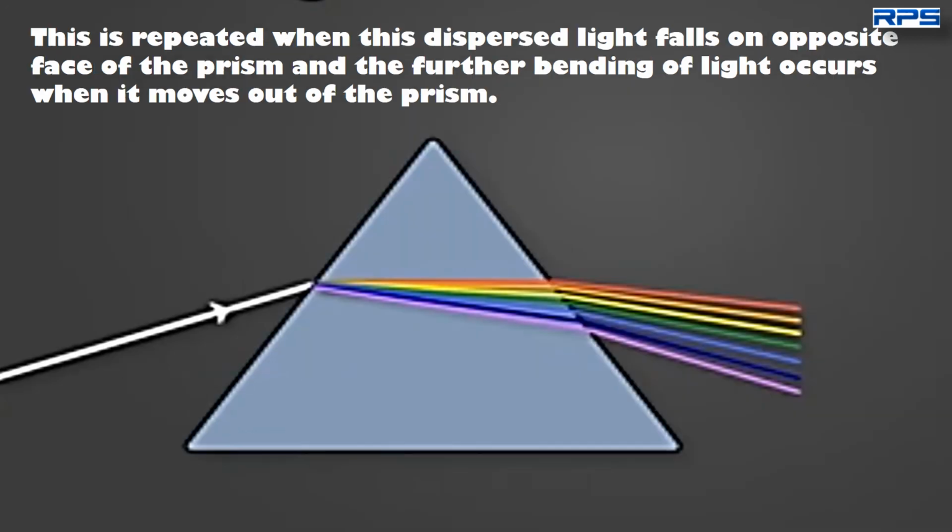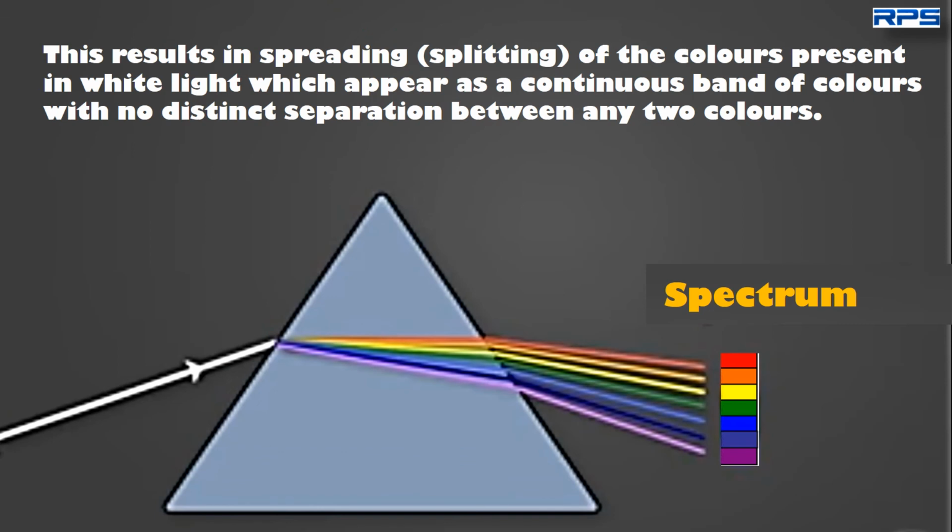This is repeated when the dispersed light falls on opposite face of the prism, and the further bending of light occurs when it moves out of the prism. This results in spreading of the colors present in white light, which appear as a continuous band of colors with no distinct separation between any two colors.